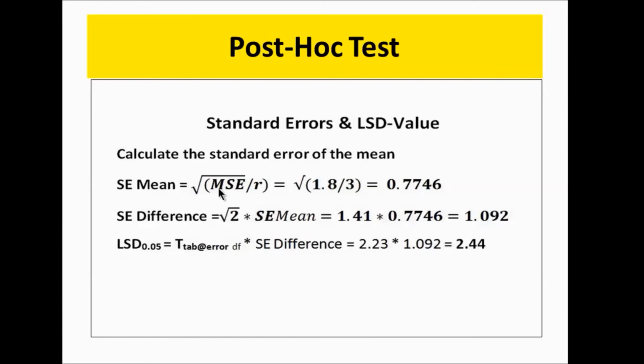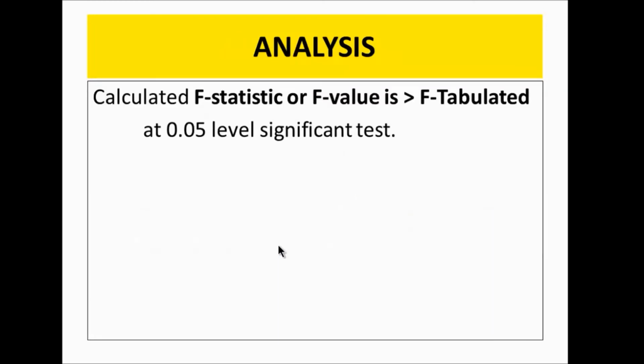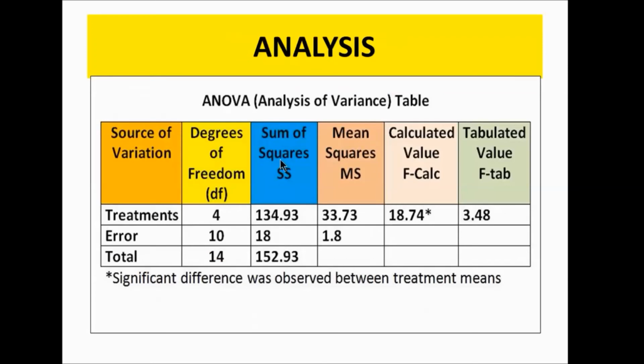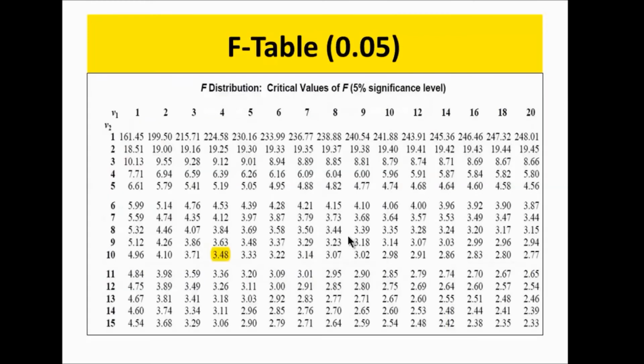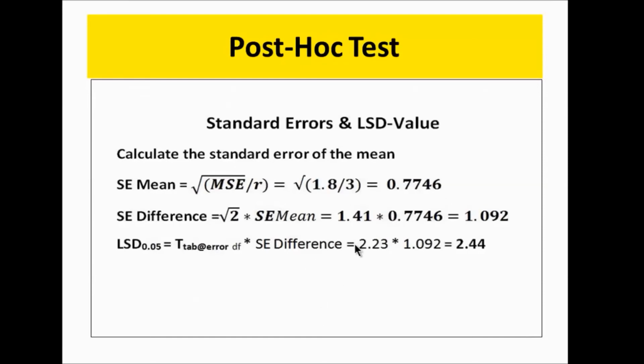Check the MS error in the ANOVA table. You have MS error of 1.8. The number of replicates is 3, so 1.8 divided by 3, and take the square root, you'll obtain 0.7746.